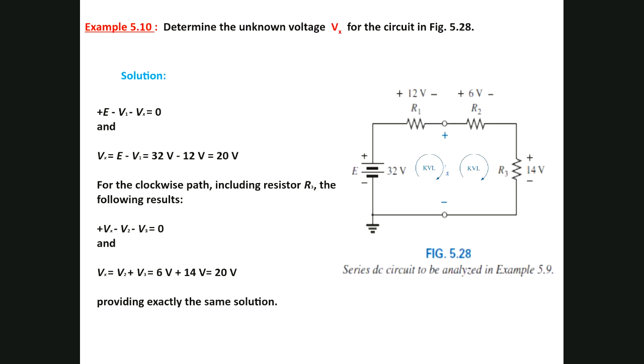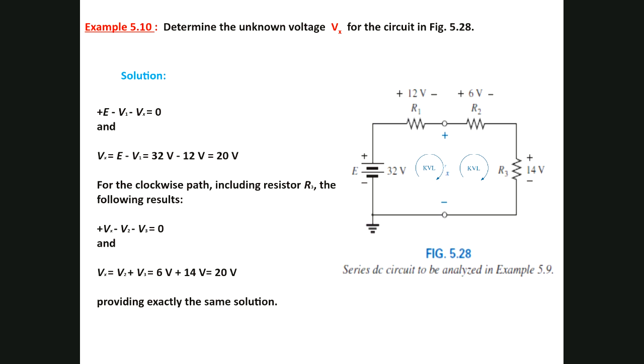Another example here. I have Vx here. I have two paths. Let's start the first path from here. It's given the direction here. The direction is already given as clockwise. So all you need is to start from one point. For example, you will start from the supply.